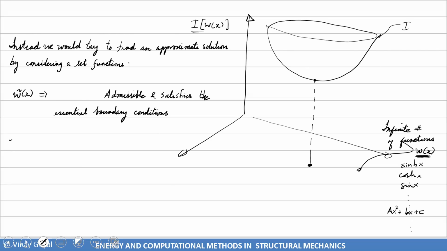So I'm going to assume that W tilde(x) is going to be some function that I select a priori, maybe a polynomial, phi naught(x), plus the summation from i=1 to n of c_i phi_i(x).